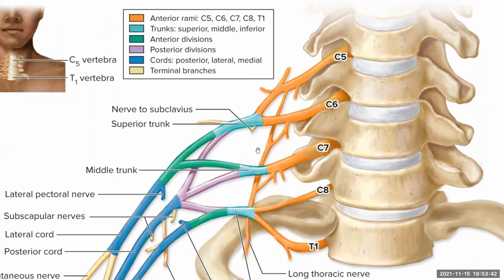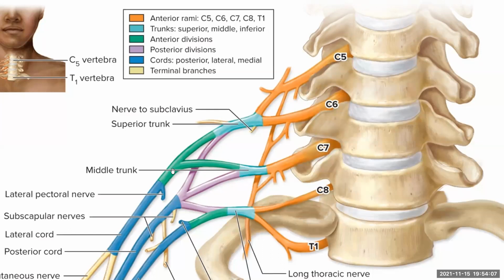That part is easy, but it's tough to see when we get into the divisions, because there's really nothing else where we can see the relation of where things are traveling. But the next part is going to be our divisions, and you'll notice we're going to form the anterior divisions from C5, C6, C7.